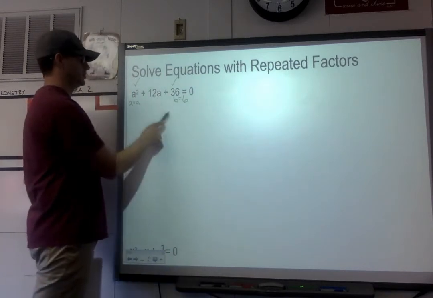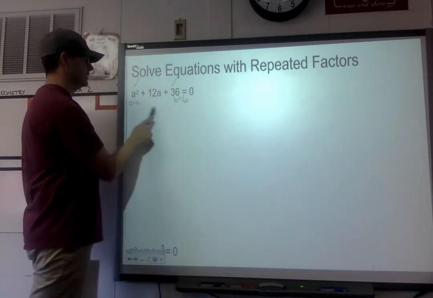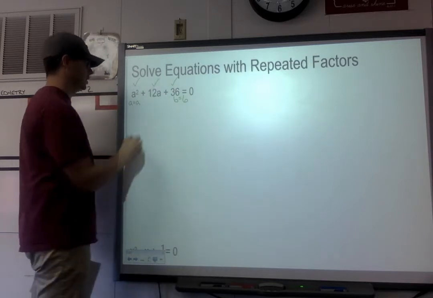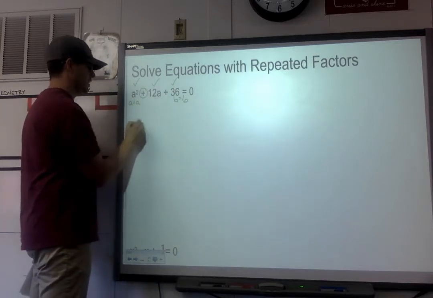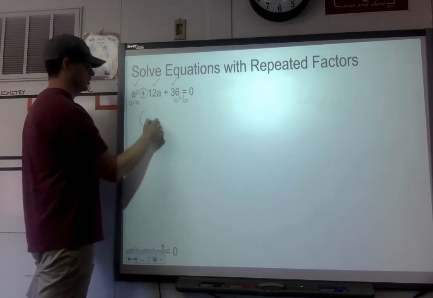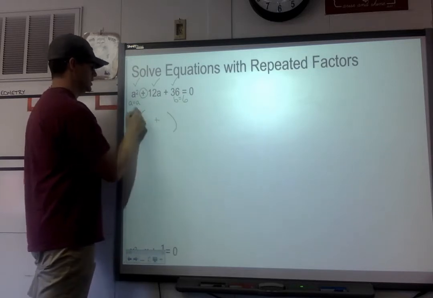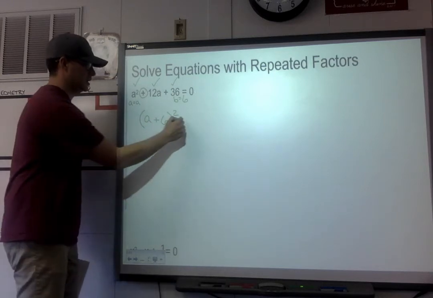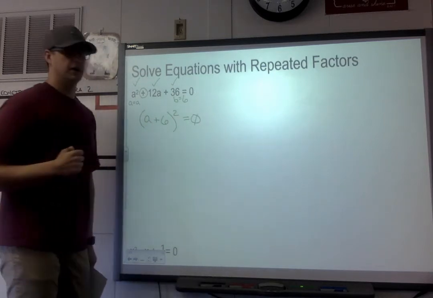Then my middle term needs to be 6 times a times 2, which is 12a. So that does work. Since I have addition there, my factored form will include addition, and it'll be a plus 6 quantity squared equals 0.